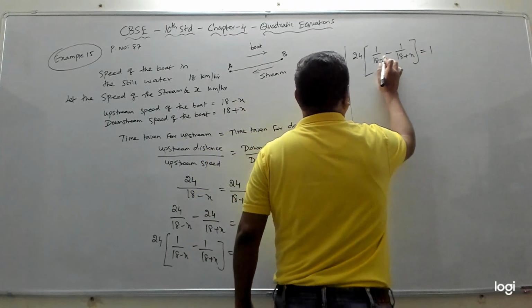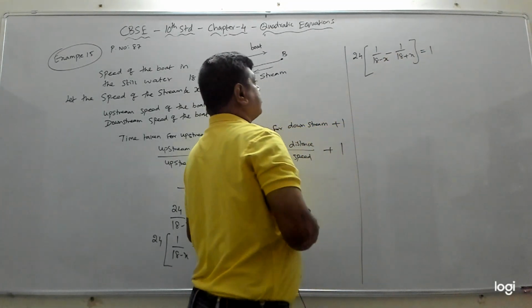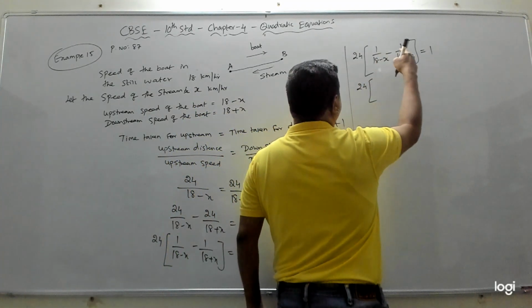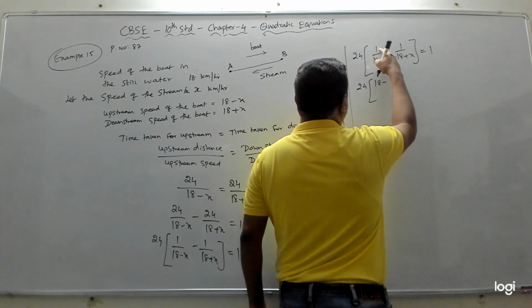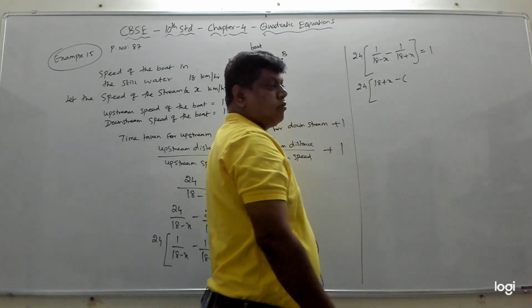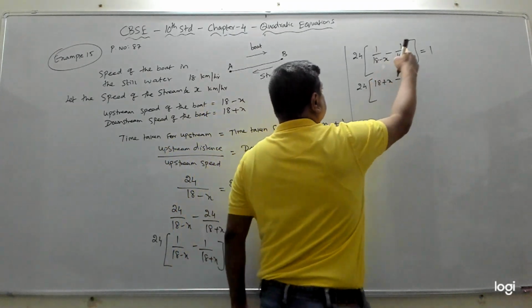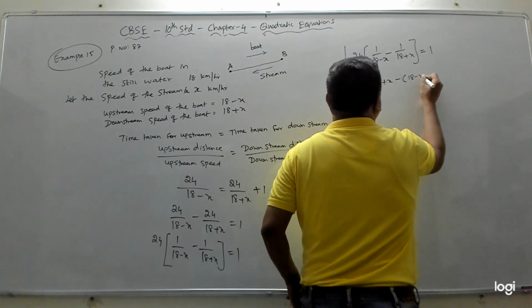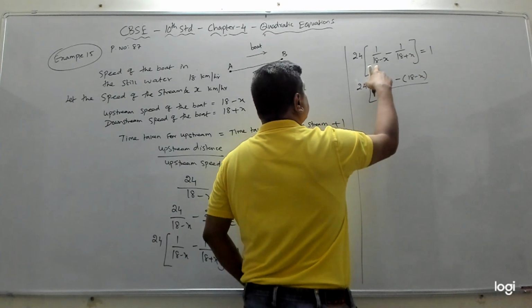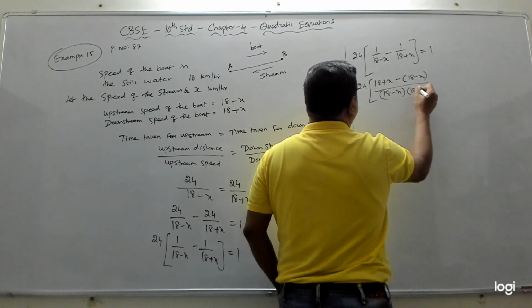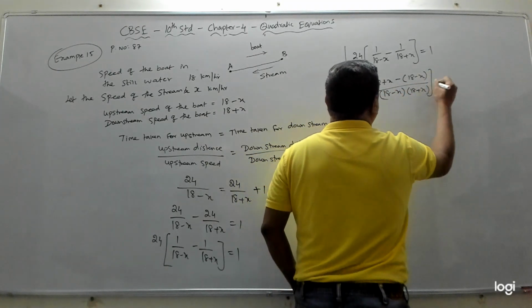So 24 into, now multiply 1 into 18 plus x is 18 plus x, minus, then you have to put the bracket immediately, 18 minus x into 1 is 18 minus x, by 18 minus x into 18 plus x equal to 1.